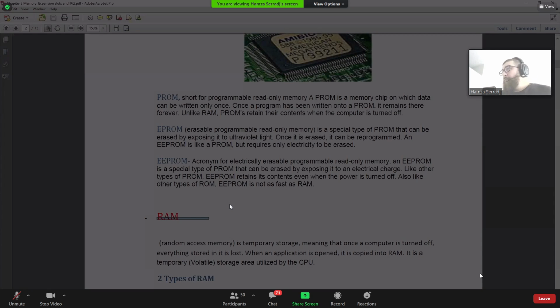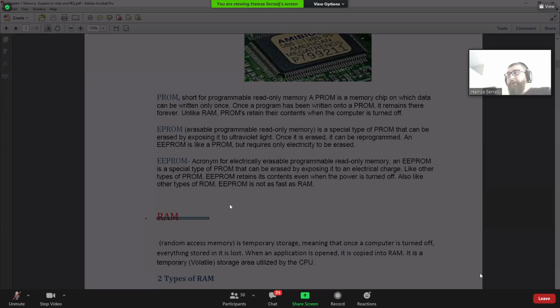But RAM is just like drawers that we can put things inside, but when there is no electricity, those drawers are empty. Now those drawers can be digital security with fingerprints, or they can have keys, depending on the technology in there. But once there is no electricity, those drawers are empty.